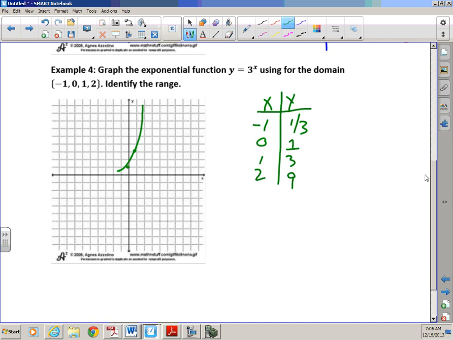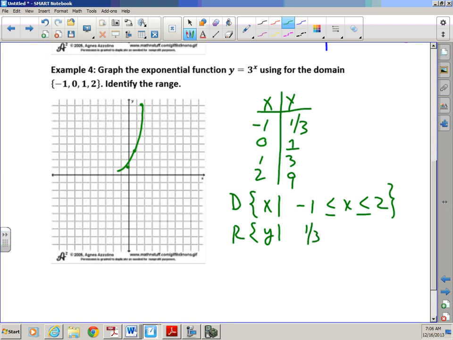Now, if I tell you to use those specific values, then your domain are those specific x values. Your range are those specific y values. Okay? So that's the only difference that we have between them.